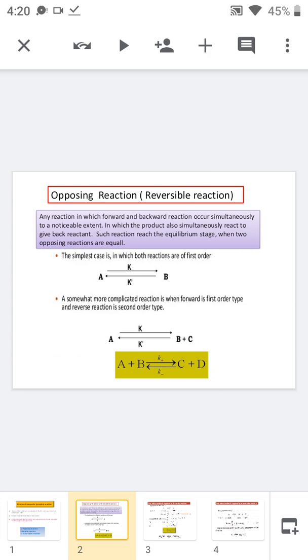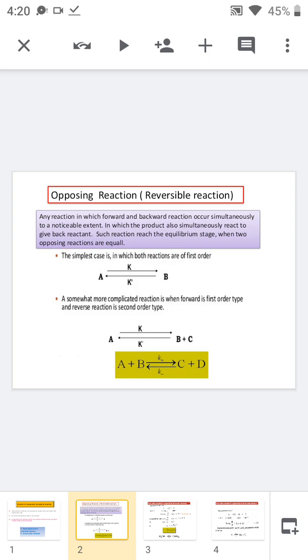In an opposing or reversible reaction, the product also simultaneously reacts to give back the reactant. Such reactions occur in equilibrium state when the two opposing reactions are in equal quantity. This is the definition of an opposing reaction or reversible reaction.